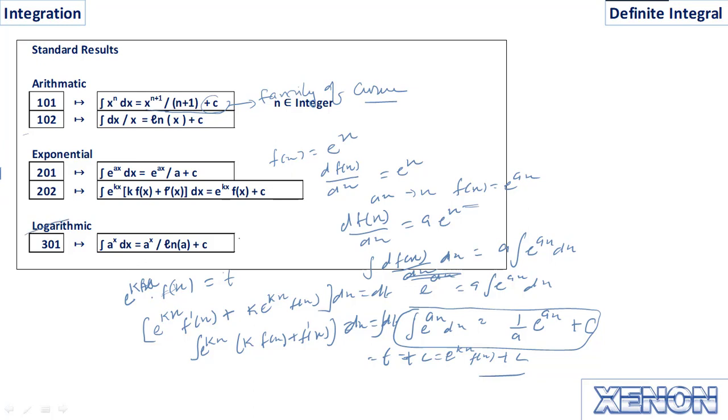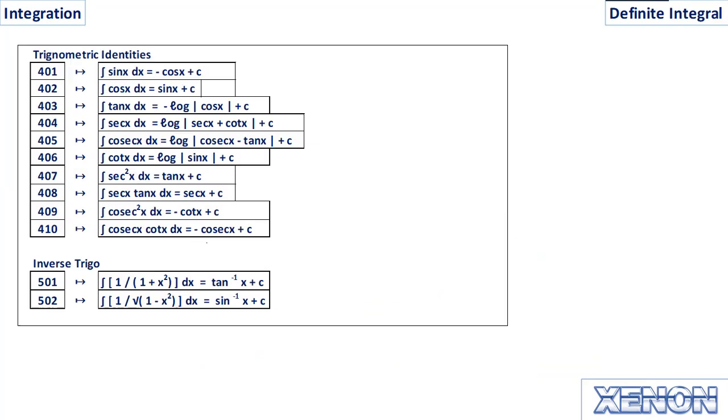Actually, we will take a to the power x equals e to the power x ln a, right? And we will integrate from this root, e to the power x, right? So we will be getting e to the power x ln a upon ln a plus c.